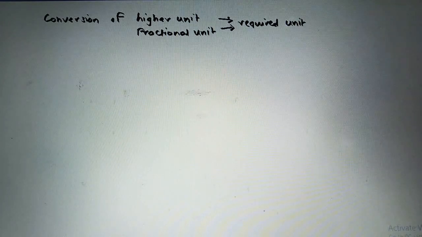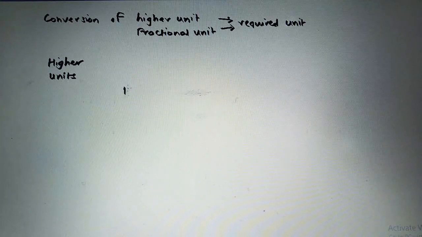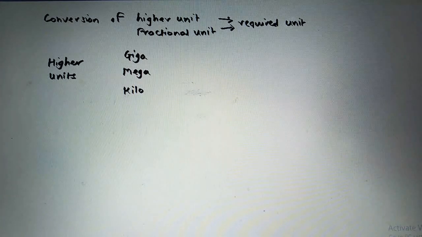Now first we will take some higher units. Here the higher units are kilo, mega, and giga.